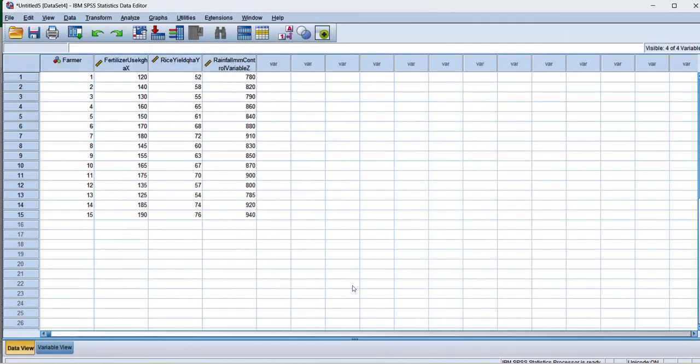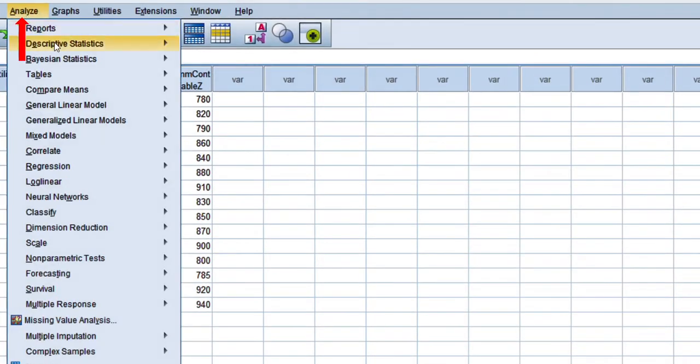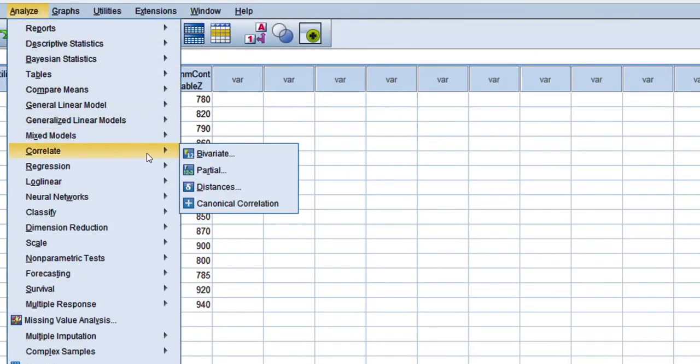In this example, I want to examine the association between fertilizer use and rice yield by controlling rainfall. So, we will calculate partial correlation in this example. To calculate, go to the analyze, select correlate, and this time select partial.